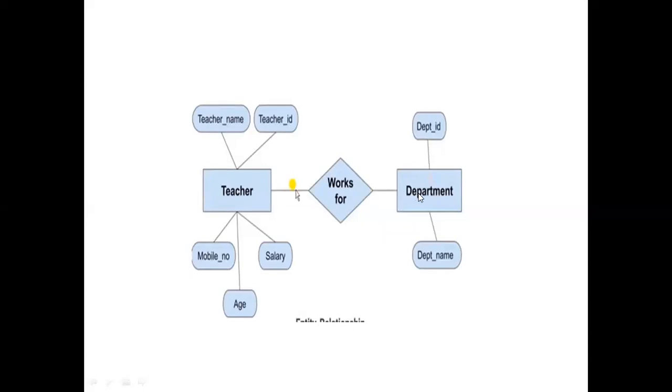They are interrelated by a criterion, works for, and this relationship is represented with a diamond-shaped structure. In this way, with these specified structures, we put down the relationship, and with the help of this diagrammatic representation, we get an idea of the database and the relationships between the different entities used in it.